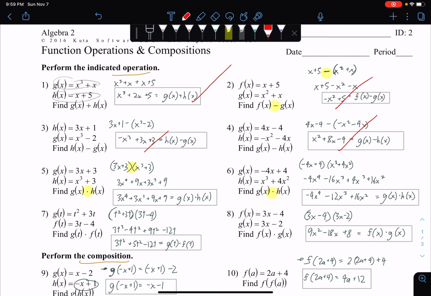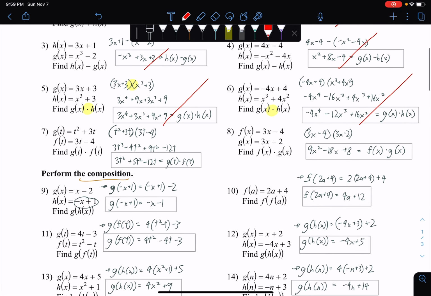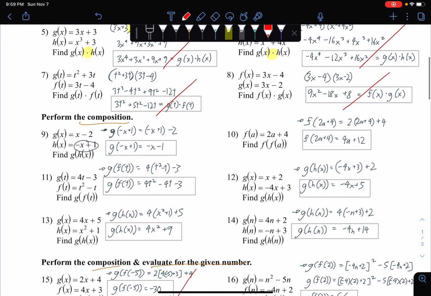Number 5, 3x raised to 4 plus 3x raised to 3 plus 9x plus 9, correct. Negative 4x raised to 4 minus 12x raised to 3 plus 16x raised to 2, correct. Negative x, negative 1, correct. 4a plus 12, correct. Negative 4x plus 5, correct. Negative 14 plus 14, correct. 4x raised to 2 plus 9, correct.